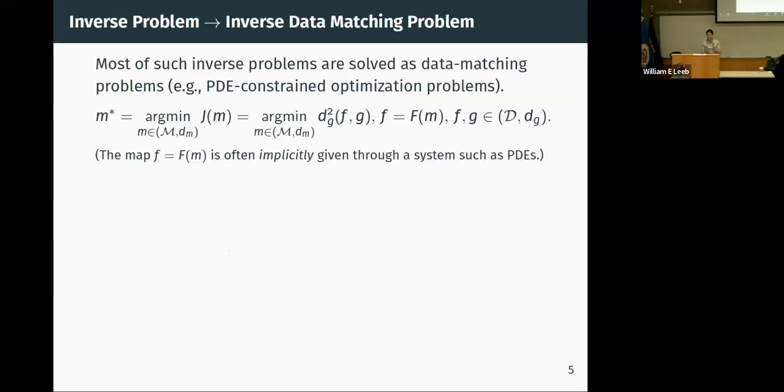So now we come to the optimization formulation, which is only one of the possible ways you can choose to solve a nonlinear inverse problem, and also a linear inverse problem. The key thing is that now you have an objective function, I call it J, and J depends on the parameter m that you want to find. m can be neural network weights, or the variable coefficient in your PDE, or the boundary condition or source term.